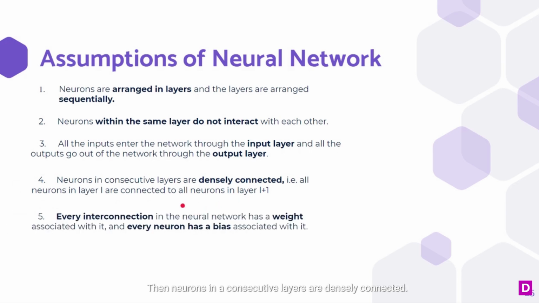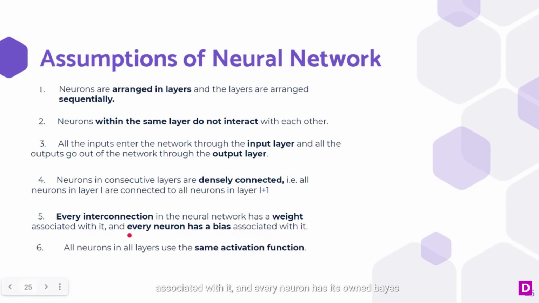Then neurons in consecutive layers are densely connected. That is, all the neurons in layer L are connected to all the neurons in layer L plus 1. Then every interconnection in the neural network has a weight associated with it, and every neuron has its own bias associated with it.